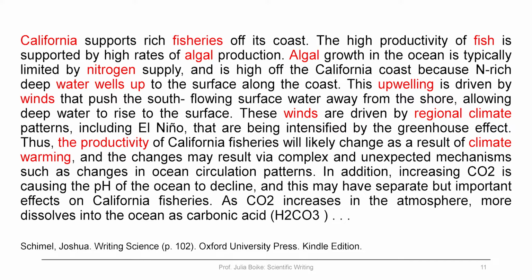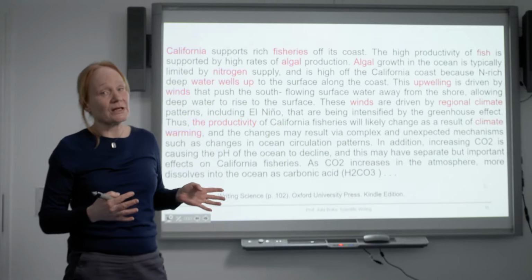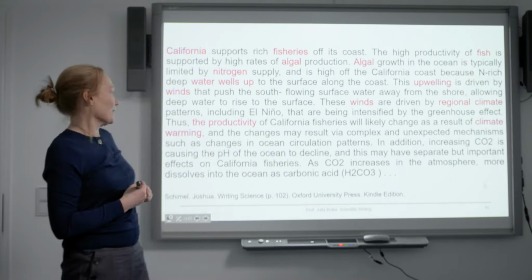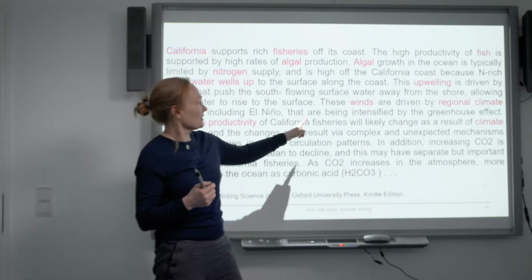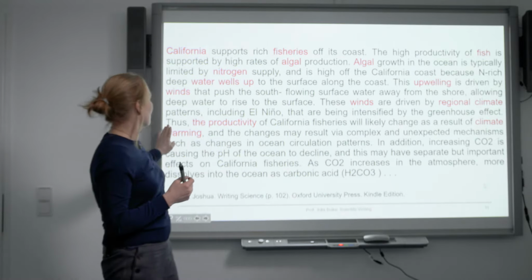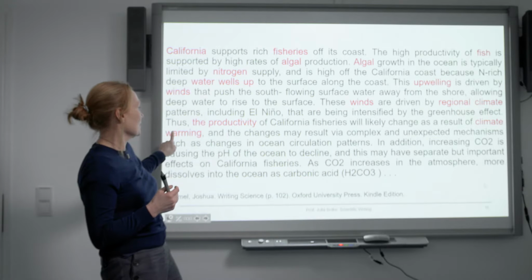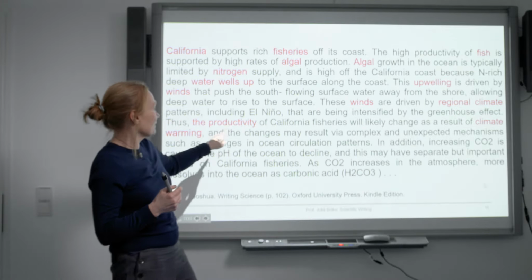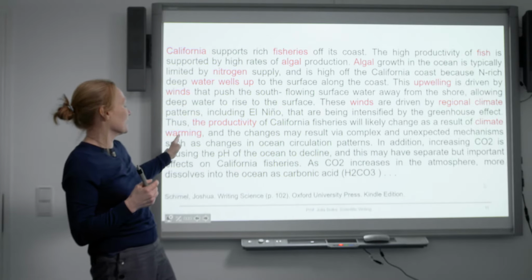However, overall, the whole paragraph is hard to understand. We don't really know where it's going because the story arcs are not connected. I show you one sentence you can read: These winds are driven by regional climate patterns, including El Niño, that are being intensified by the greenhouse effect. Thus, the productivity of California fisheries will likely change as a result of climate warming.